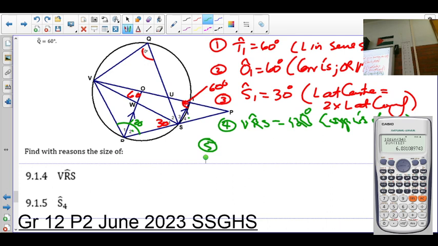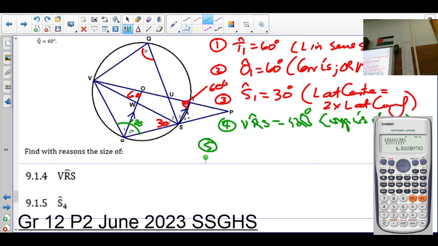But S4 is also equal to that angle there, because that's the exterior angle of a cyclic quad. Not so? But that angle is also not marked. Okay? Then 90 degrees, yeah. I think that 90 degrees will come into play here somewhere.